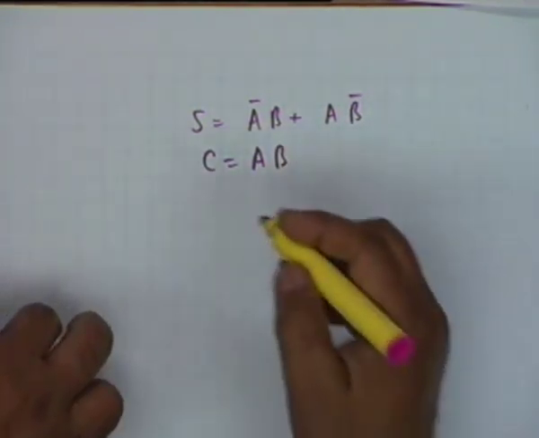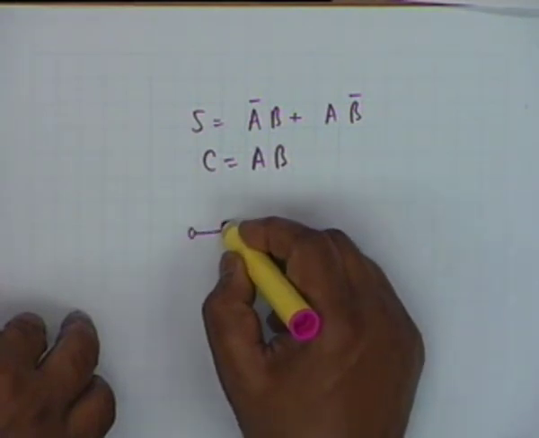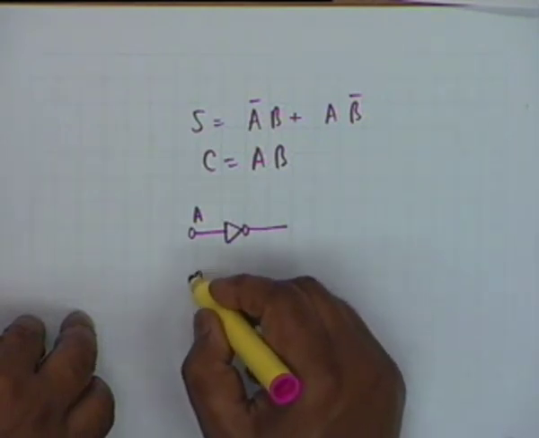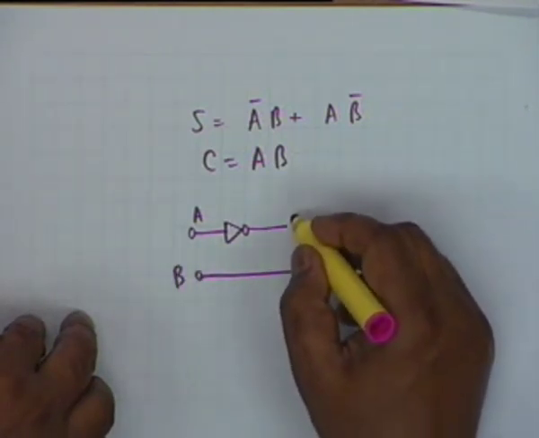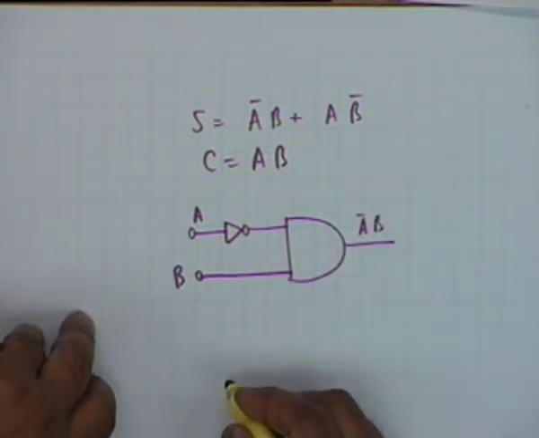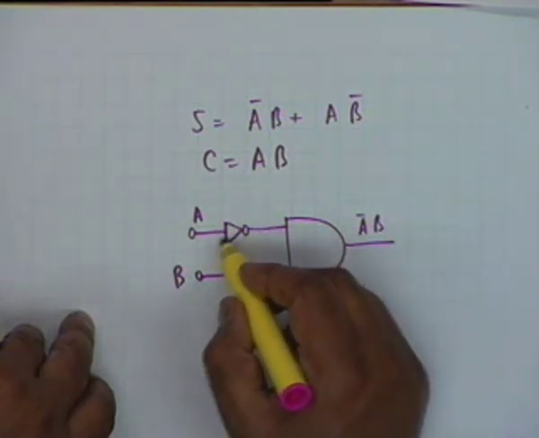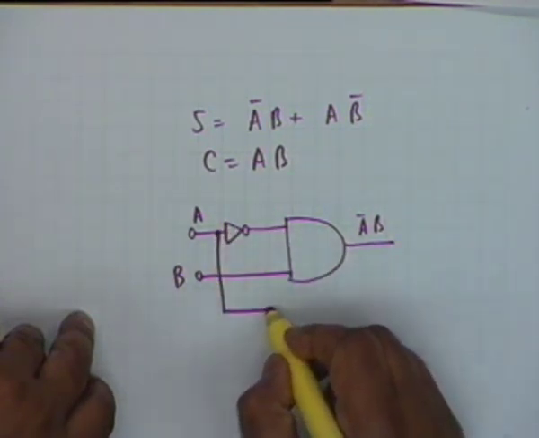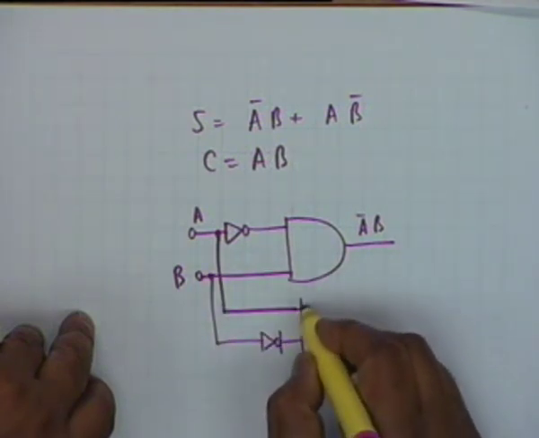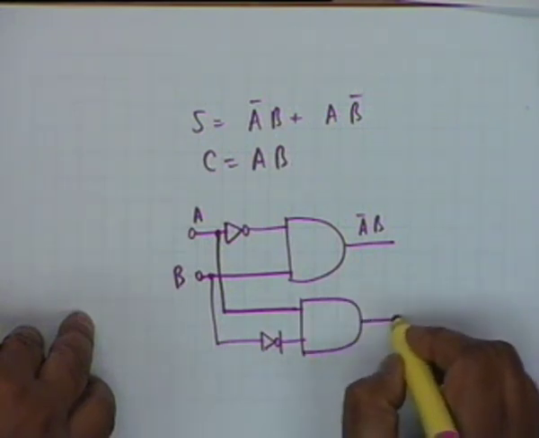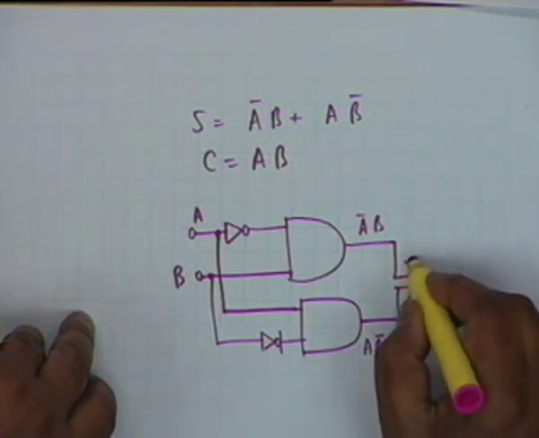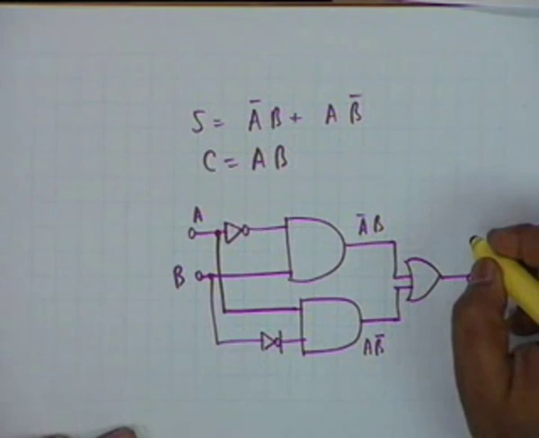All that I have to do is use a NOT gate for A, and then have an AND gate with B. This is A bar B. Similarly, I have to have an A and B with a NOT gate, another AND gate, and these two outputs are to be ORed. Therefore, I require another OR gate. And this is S.